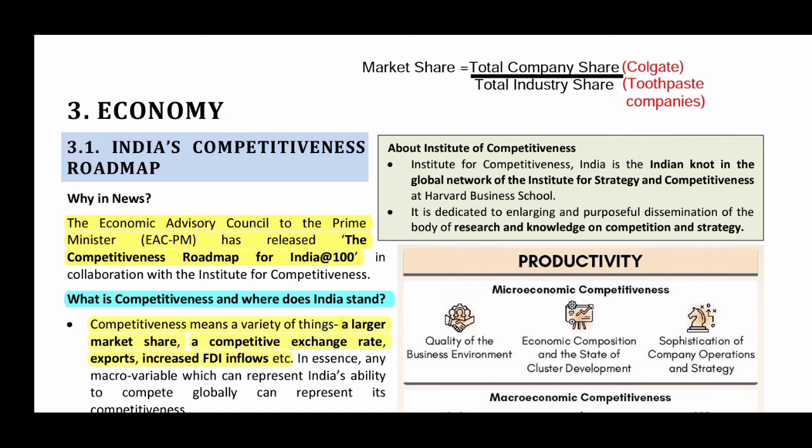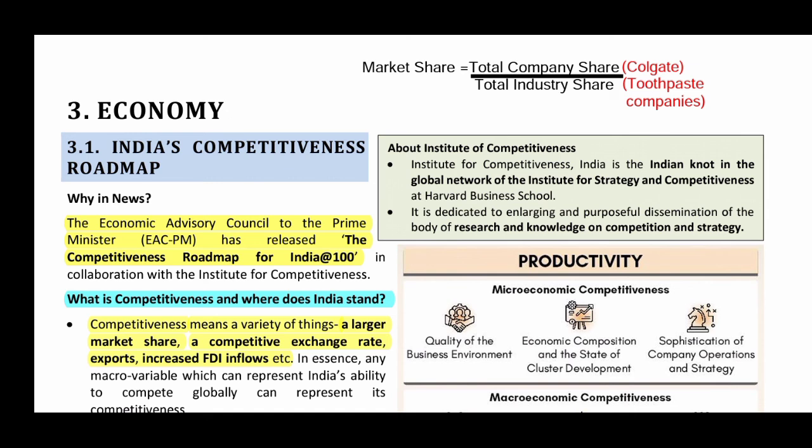If a company, Colgate, sold only 100 toothpastes per year, but the total amount of toothpaste sold per year is 1000, and in this 1000 it includes companies such as Colgate, Dant Kanti, Vico Turmeric, Close Up, etc. So Colgate has a share of 10%, because out of the total 1000 toothpastes sold per year, 100 toothpastes are of the Colgate brand. So the market share of Colgate is 10%.